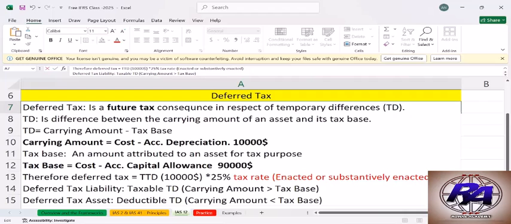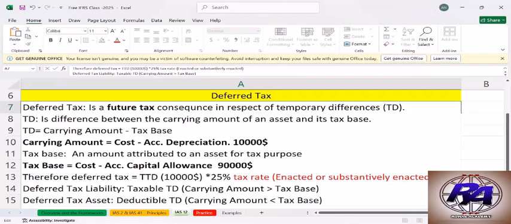So we use the tax rate that has been enacted by the tax authorities, or that is in the process of being enacted but has passed the substantive stage. And we also use the most current tax enacted.